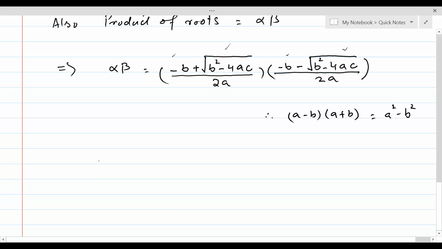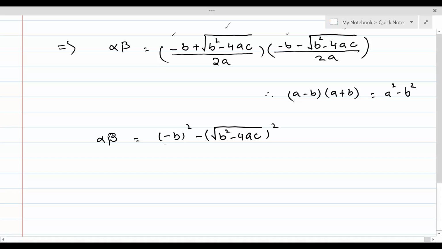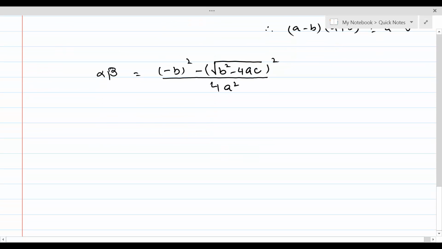This means that alpha beta will be equal to minus b square minus the square of the square root of b square minus 4ac, by applying the a minus b times a plus b formula, divided by 2a times 2a, which will be 4a square.